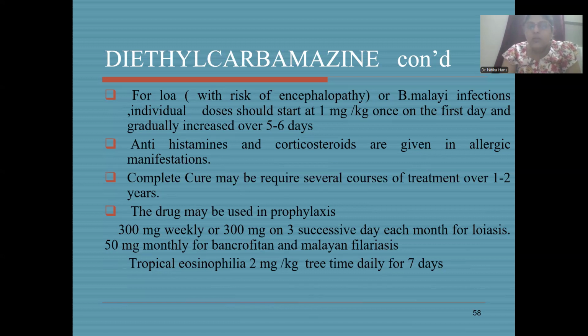A complete cure may require several courses of treatment over 1 to 2 years.